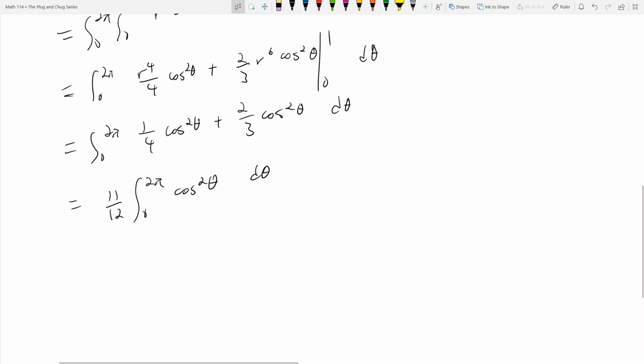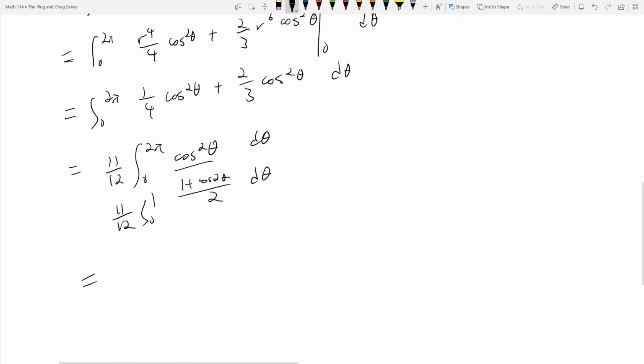Now cosine squared is 1 plus cosine 2 theta over 2, right? If you calculate this integral out, you'll see that it's 11 pi over 12.